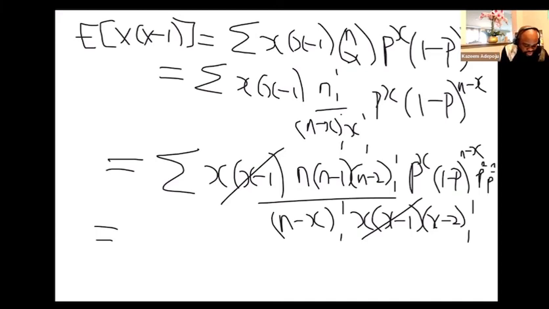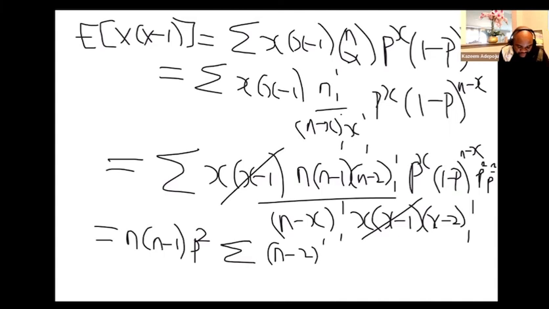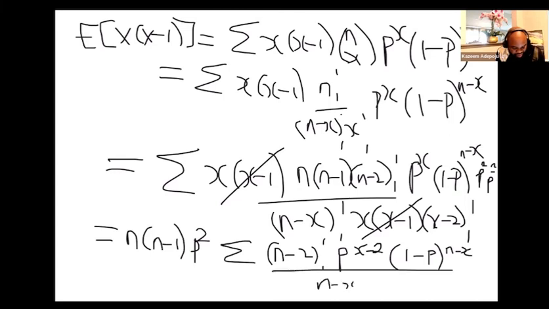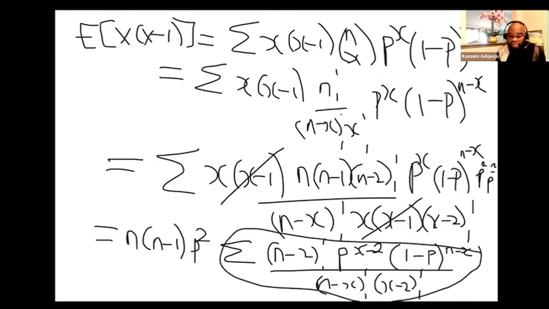When I do that, I'm going to have n into n minus 1 p squared, then the summation of n minus 2 factorial, p raised to power x minus 2, 1 minus p raised to power n minus x, divided by n minus x factorial, x minus 2 factorial. When you take a look at this, it's basically going to be 1.